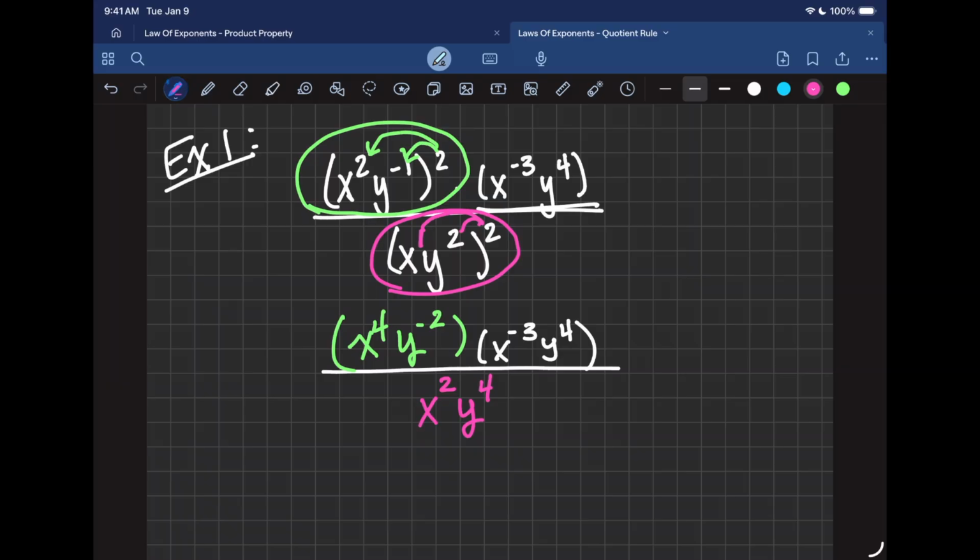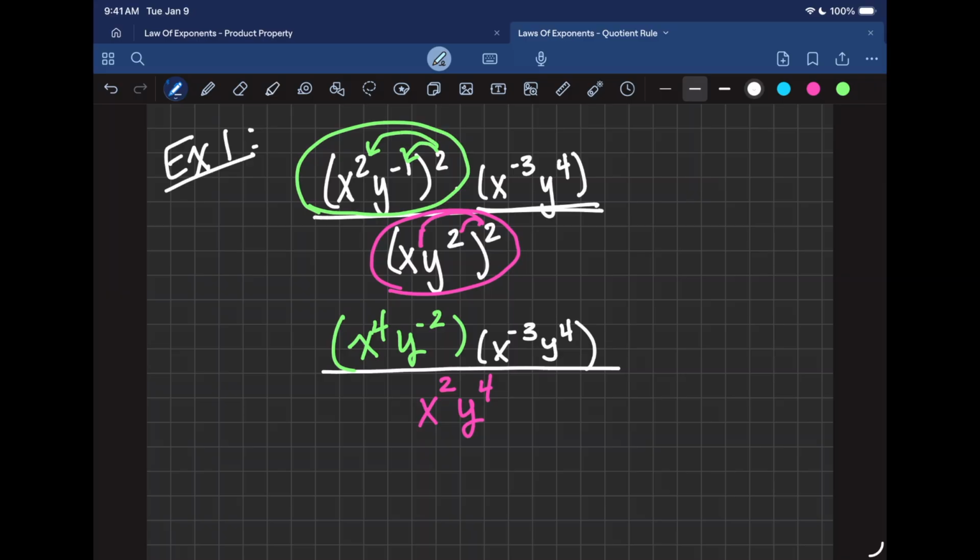But moving on, I want to look at anything I can simplify. I can see right away at the bottom, there's not really much I can do. Taking care of that power of a power rule took care of what I needed to do there. But at the top, I have 2 sets of parentheses, so I'm going to do that product rule. Here, I am looking for bases that are the same, and I'm going to add exponents.